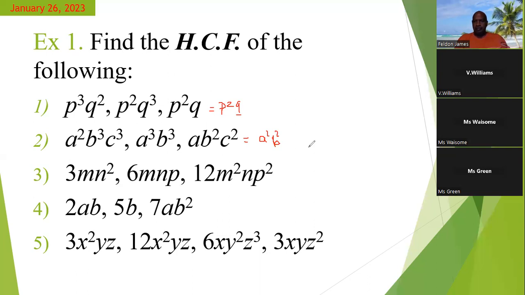Okay. Miss Williams? Yes, sir. So we see that the A would be common in all of them, right? Yes, sir. But I want you to look closely at the one with the lowest power and tell me what you see.